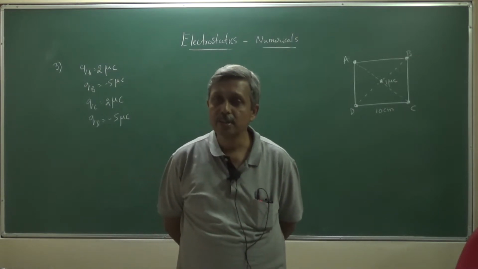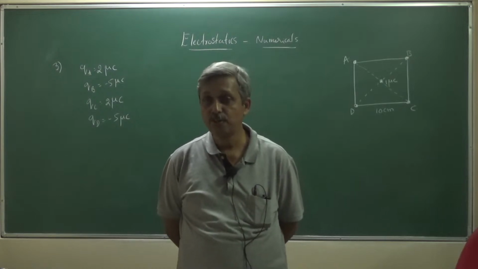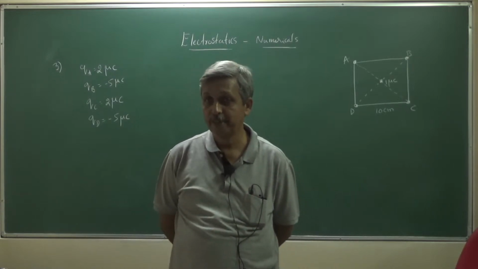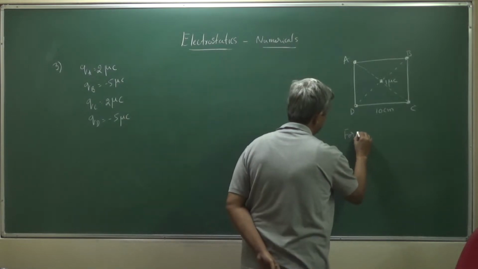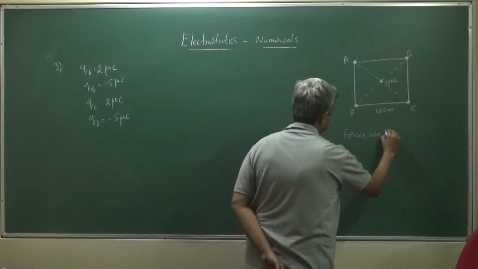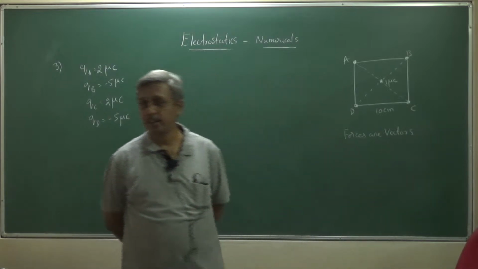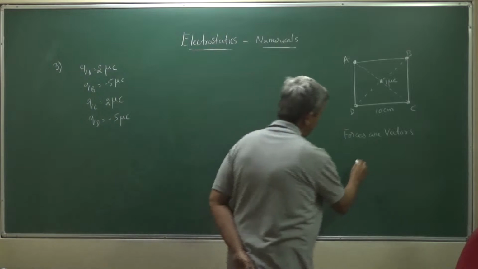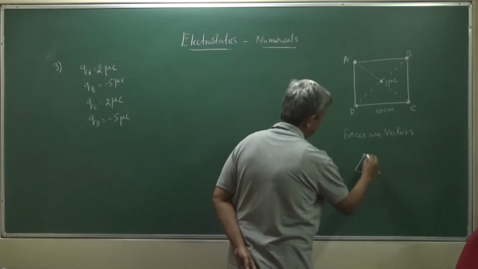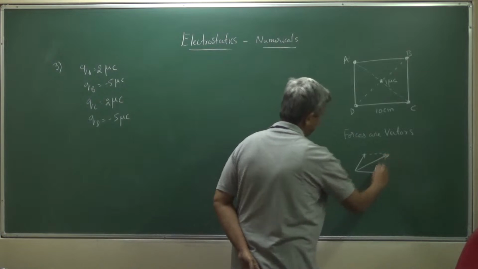You need to add forces using vector knowledge, because forces are vectors. They have direction and magnitude. And how do you add vectors? If there are two vectors like this, you complete the parallelogram and this is the resultant.